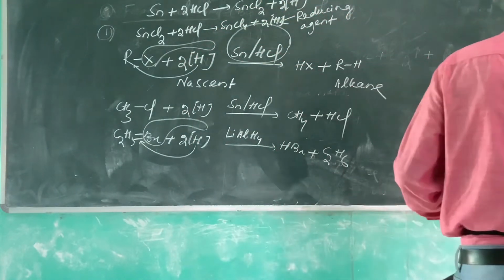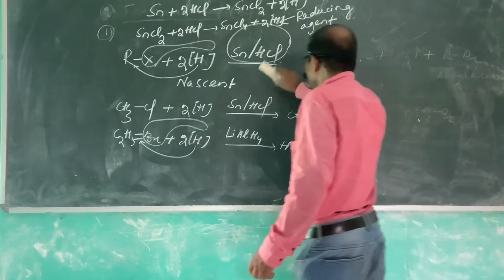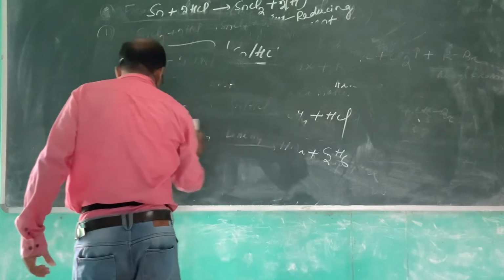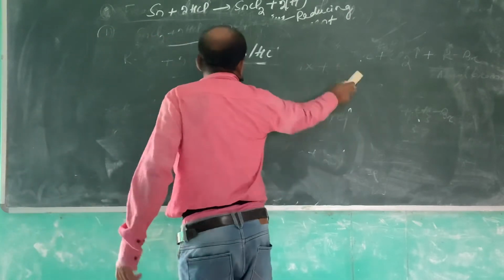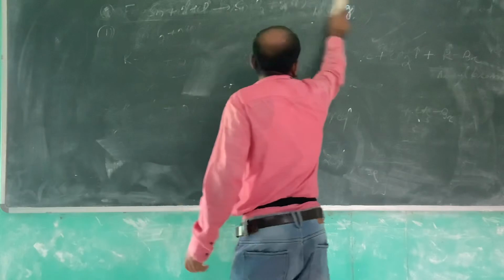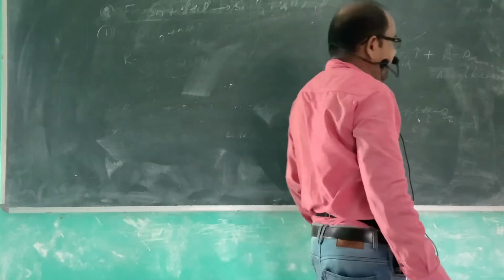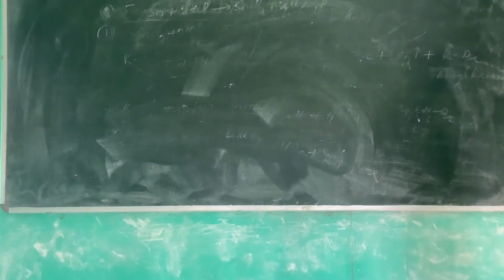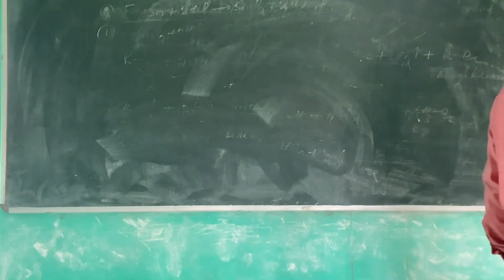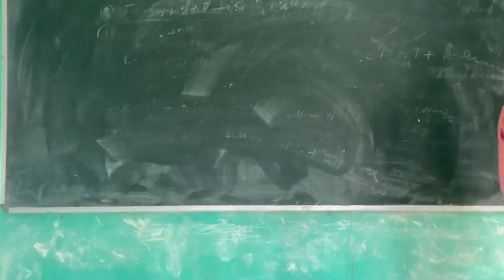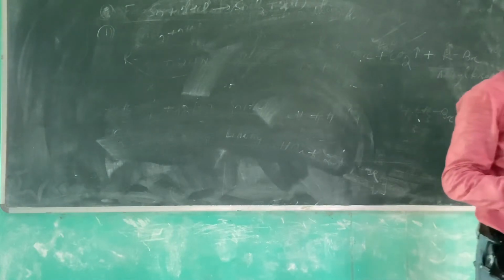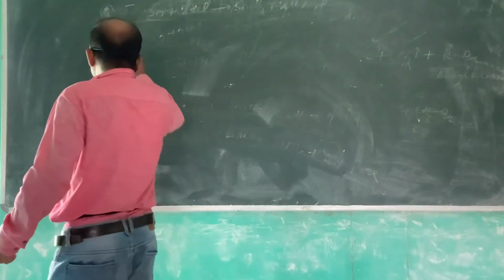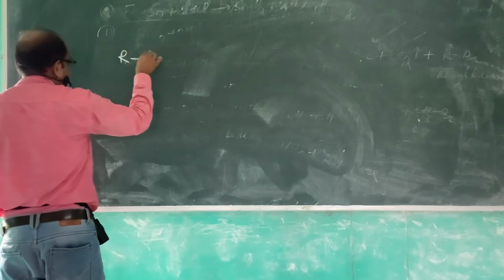Let us consider the elimination reaction of alkyl halide. When alkyl halides having 2 or more carbon atoms are heated with alcoholic KOH, they produce the corresponding alkene.